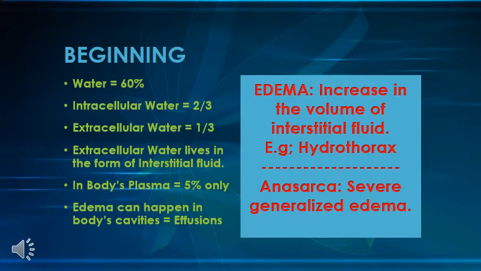I am going to repeat it. If the volume of interstitial fluid rises in the interstitial spaces, then we say it is edema. For example, hydrothorax. Hydrothorax means increased accumulation of fluid in the thoracic cavity.